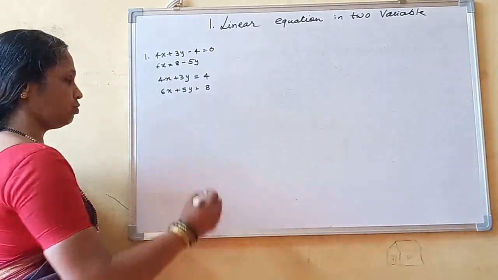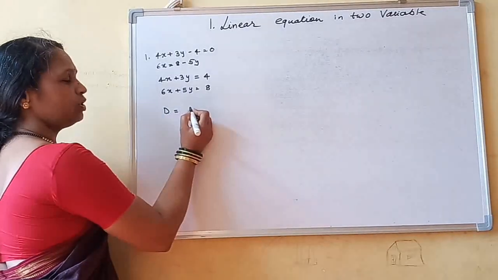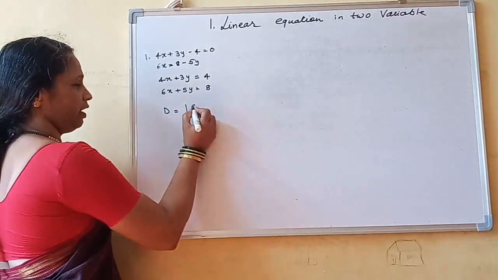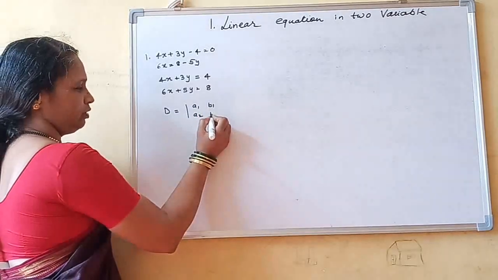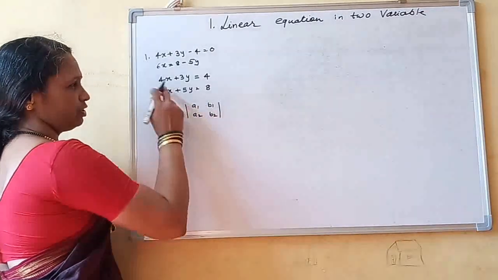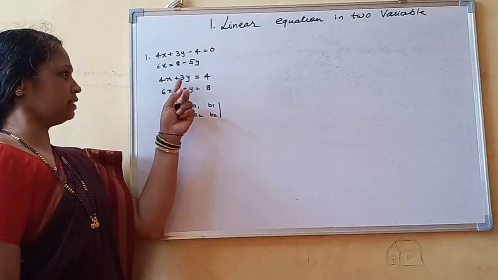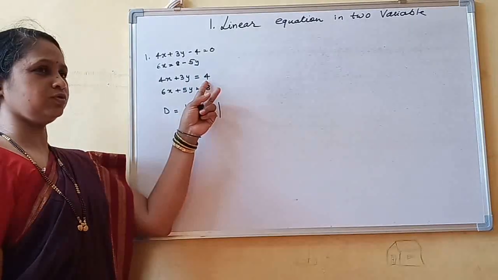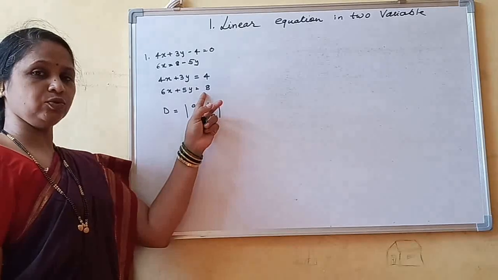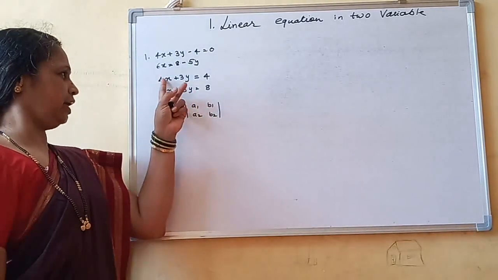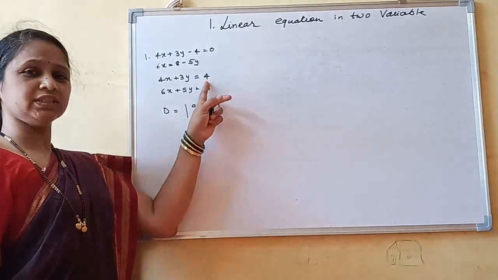So what does Cramer's rule tell? D is equal to the determinant of A1 A2 B1 B2. Now you have to compare the equations with the standard form: A1x plus B1y is equal to C1, A2x plus B2y is equal to C2. So here A1 is 4, B1 is 3 and C1 is 4.